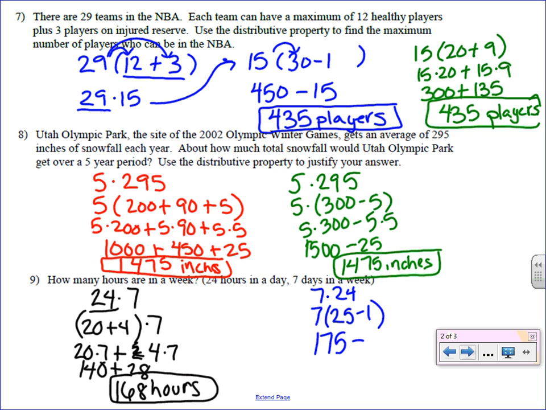And then 7 times 1 is 7. 175 minus 7 is 168. Write in the extra work there that I skipped in case you got lost.